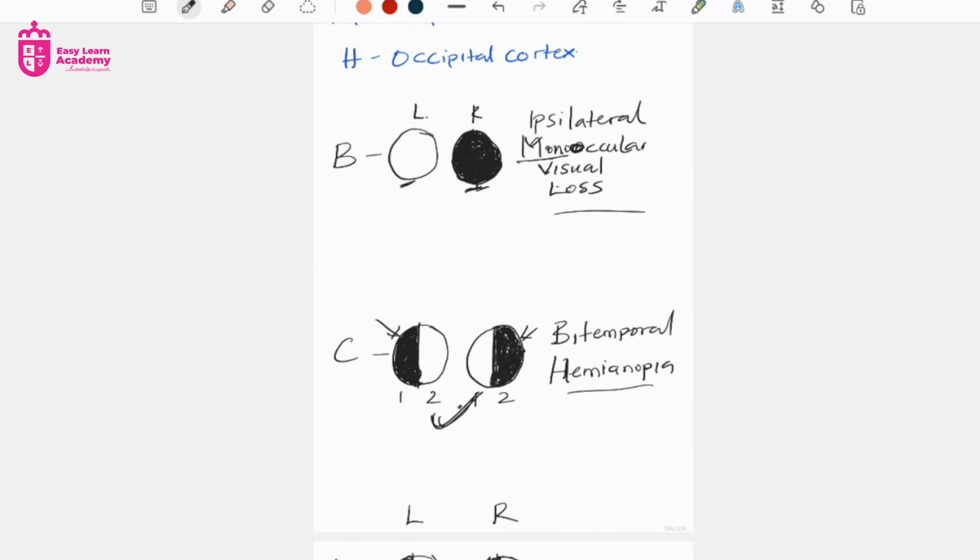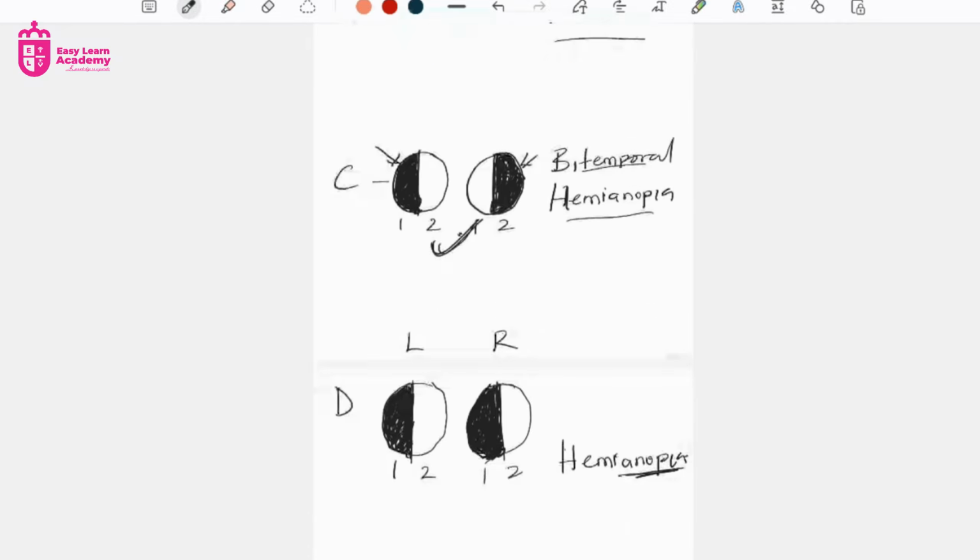So this is going to be a homonymous hemianopia. So this one is on the temporal side, but this one is on the same side. We call it homonymous hemianopia.